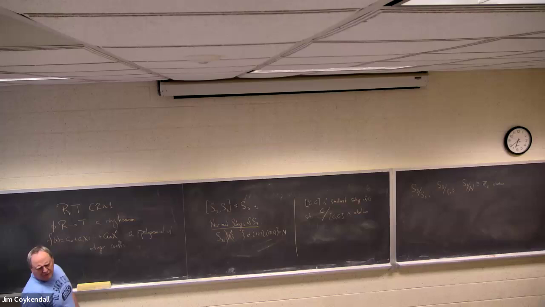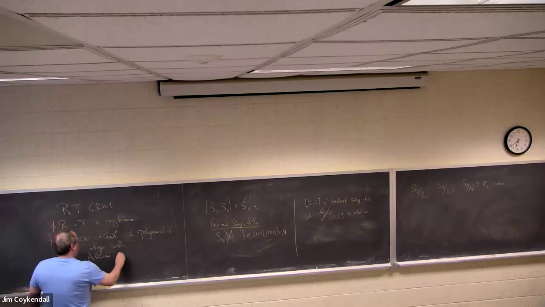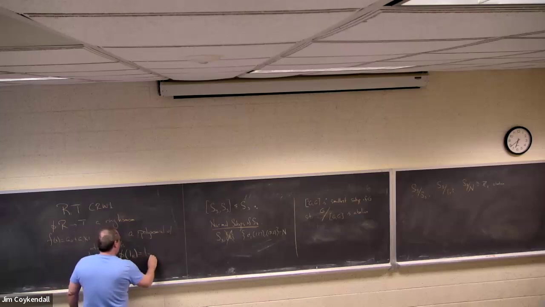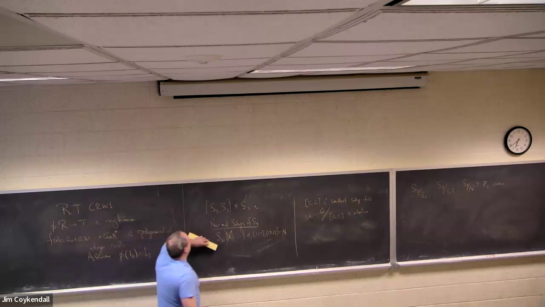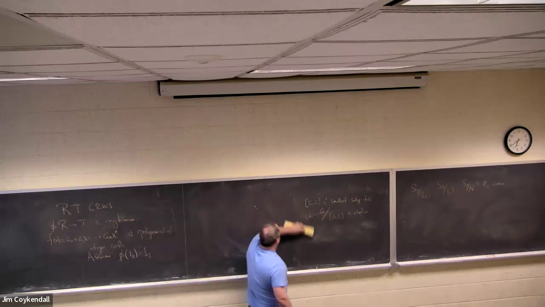We're also going to assume here that phi takes the identity of R, the multiplicative identity, to the multiplicative identity of T.